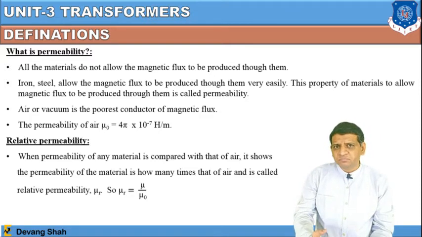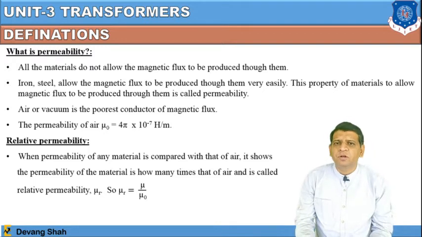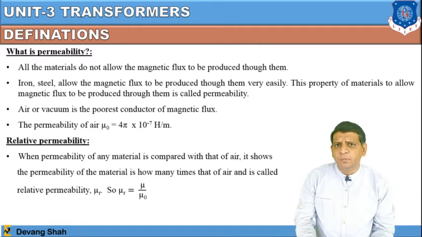Why mu 0? Mu 0 is the permeability of the poorest magnetic medium, which has little capacity to produce magnetic flux. So permeability is the property of a magnetic material to become magnetized easily, and it is required to design a magnetic circuit.